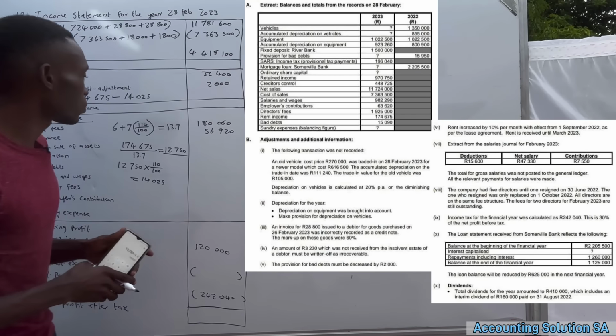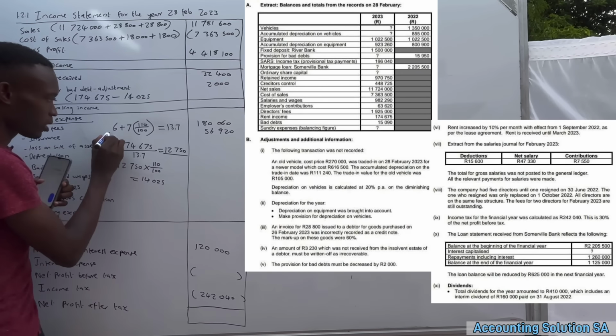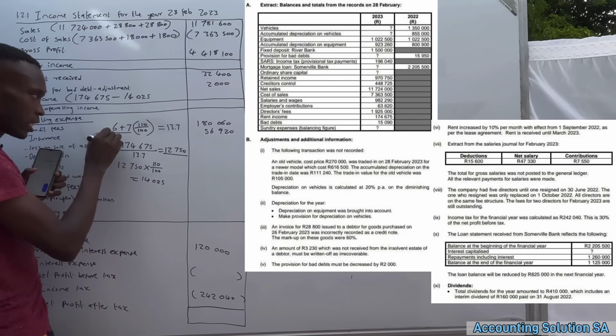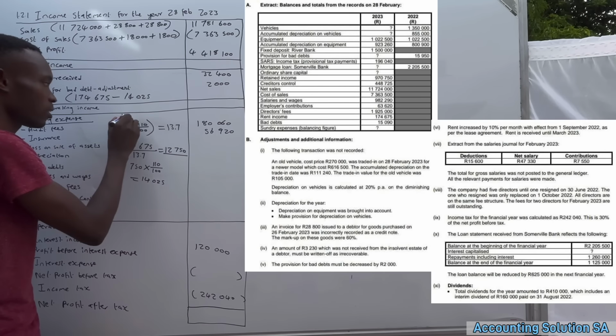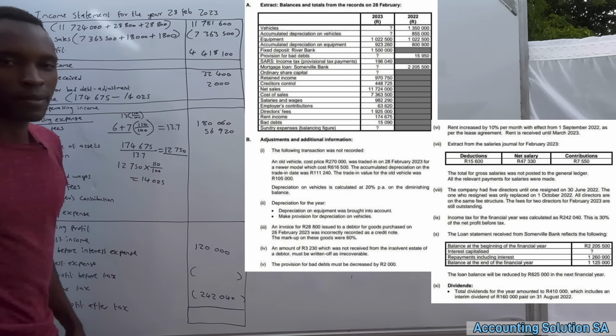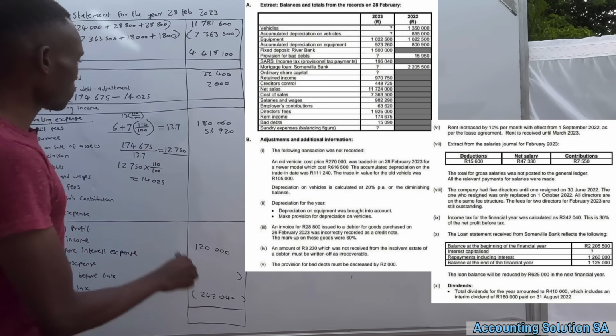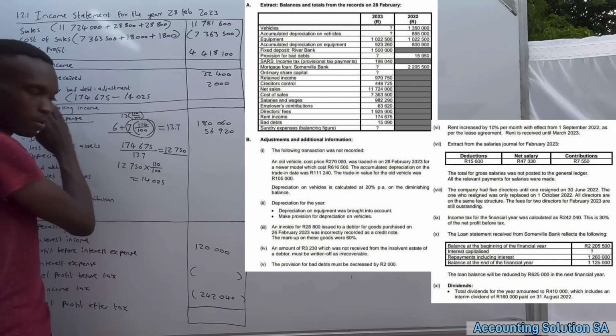This is how you should do it, guys. So please make sure that you put it as it is. I know that 6 plus 7 is going to give you 13, but if you write 13 and you open brackets 110 over 100, you're not going to get this answer, because this is in the same bracket with this one, while this one is on the separate side.